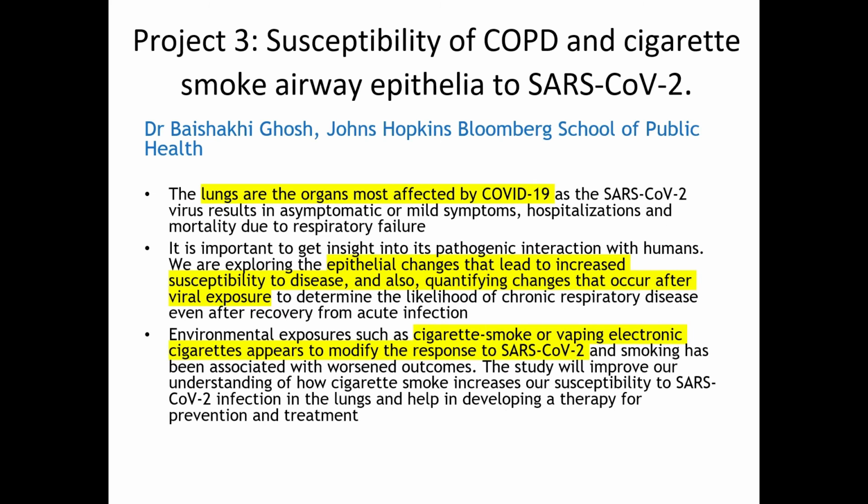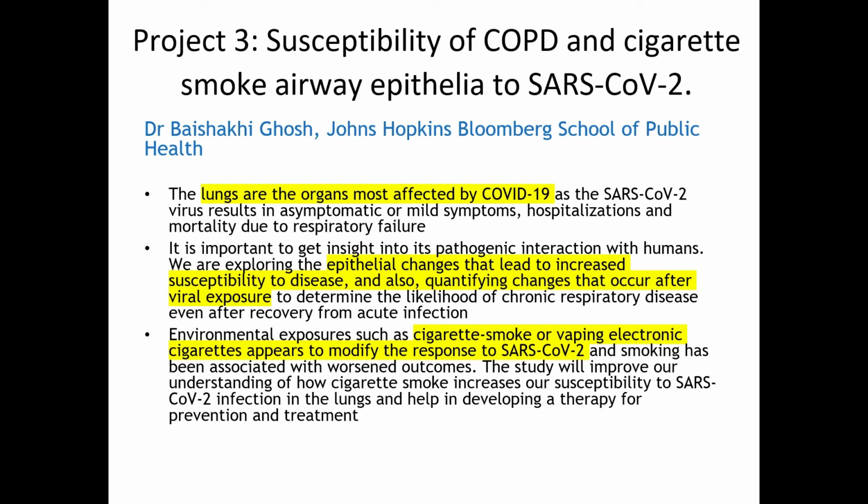Third project: this is Johns Hopkins, over in Baltimore, and Vaishaki Ghosh is the principal investigator on that one. Here again, it's the lung model that's under study, and the insight here is that lung tissue is affected by smoking and so on, so that it then becomes more susceptible to viral infection.